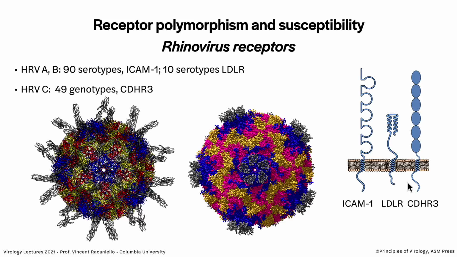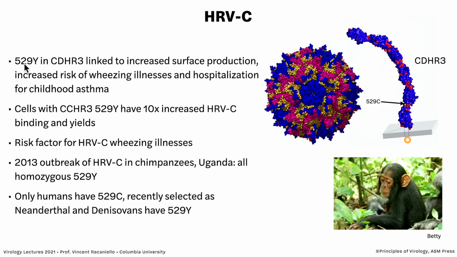So CDHR3 is polymorphic, and that is, some people have amino acid differences in the protein. A particular change at position 529 to a tyrosine is actually linked to increased surface production of the receptor. And in kids with this change, it gives them an increased risk of asthma, probably triggered by rhinovirus infection because they're more susceptible as a consequence of this polymorphism.